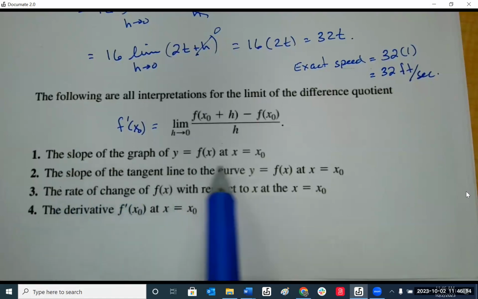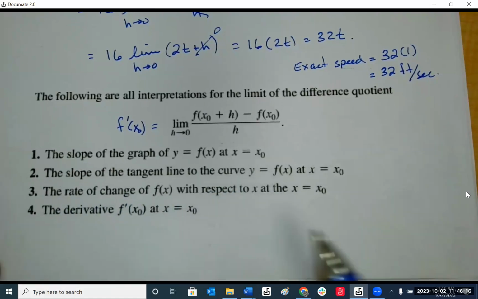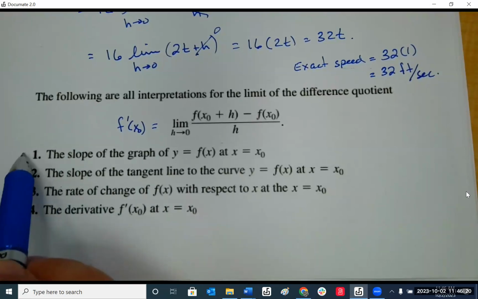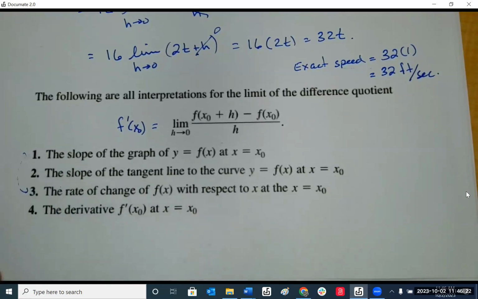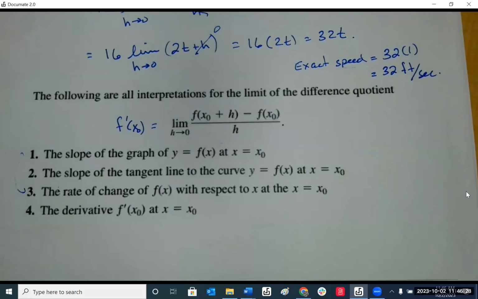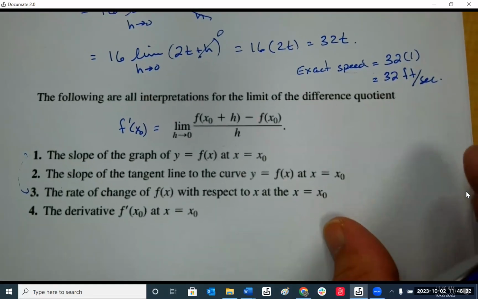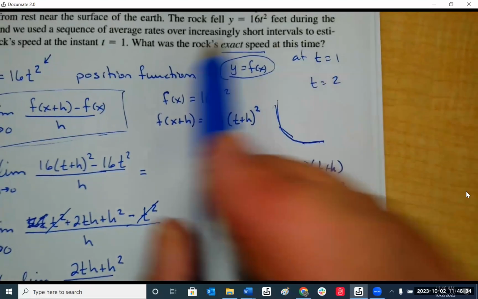It's the slope of the graph at point P. It's the rate of change. The slope and rate of change are the same thing. This sums it all up together. So it's the derivative at x equals 0.